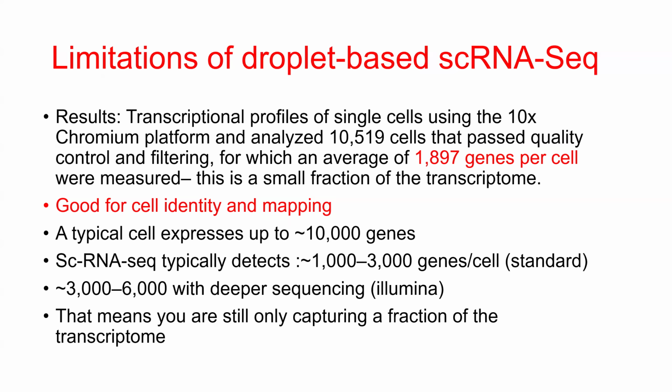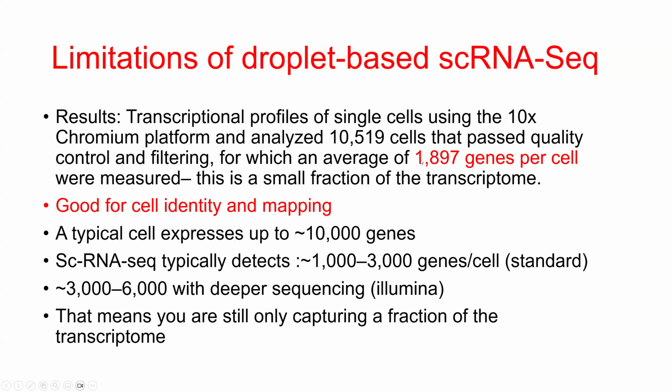That's the idea. And we know that that's a limitation. This is something they're trying to address, but it's just incremental changes. So when you go in, don't expect to find a low expressed gene because you're just not going to identify it. You have to come in with the right question. If you're interested in cell identity and mapping, well, then it seems to work just fine.